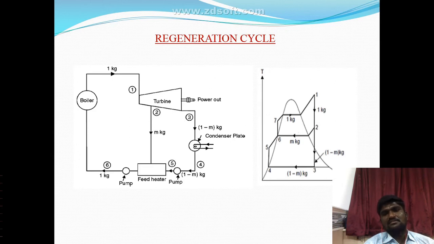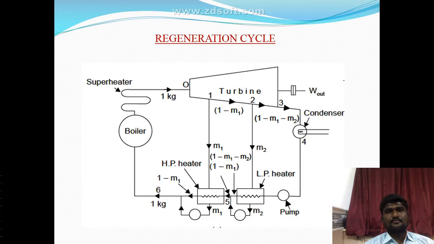We condense it into water. Then it is pumped into the feed heater, and then it is sent to the boiler. This is the regenerative Rankine cycle, right? So this is the regenerative Rankine cycle layout diagram.